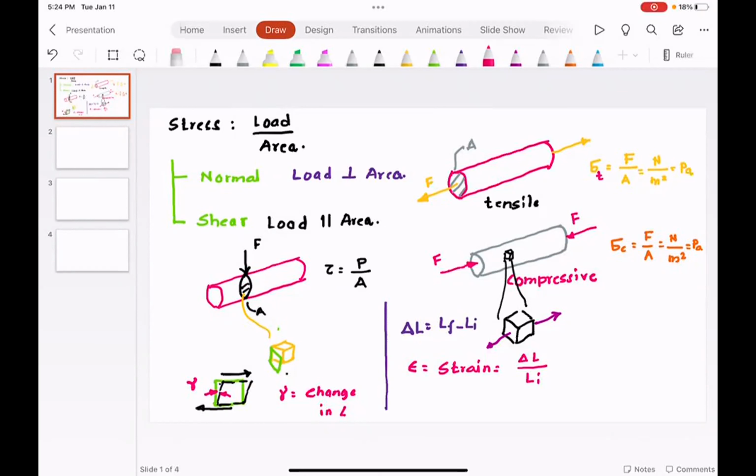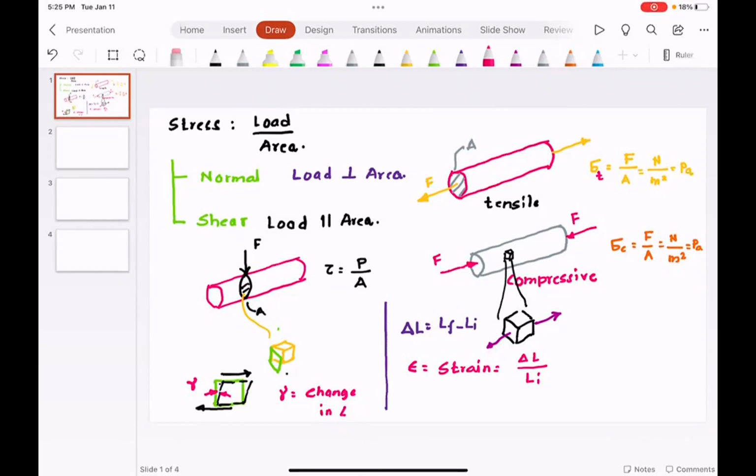What happened there? There was elastic deformation, which means you removed the load, and the band went back to its initial state. It was elastic deformation, which means pull, let go, goes back. Now you apply the load further, what happens?